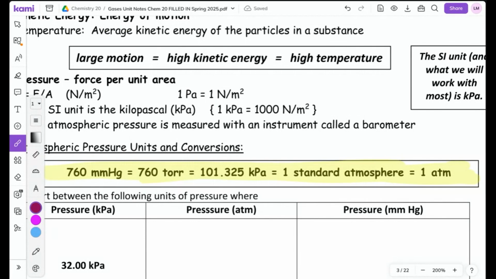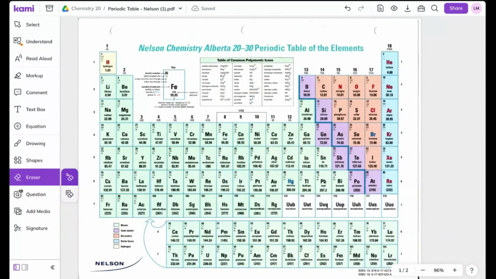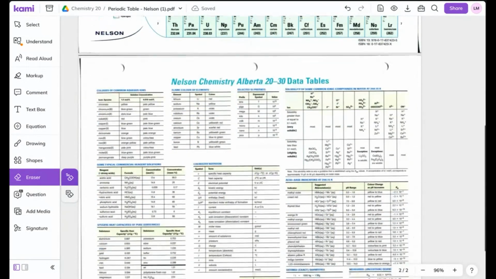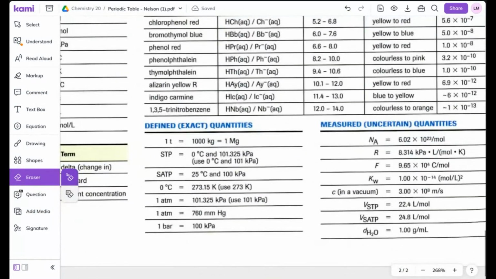If you look at your Nelson periodic table, how you can find those numbers is you can go to the second page and go to the bottom right hand corner where it says defined exact quantities.